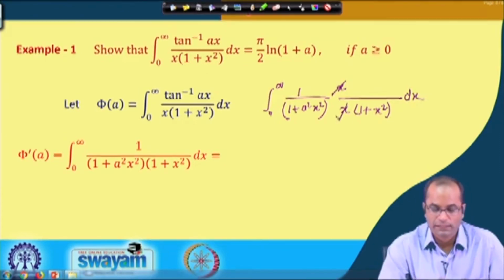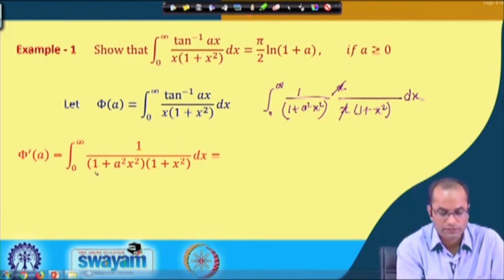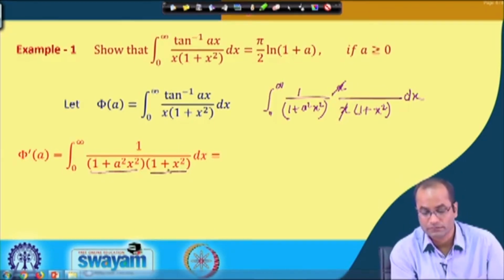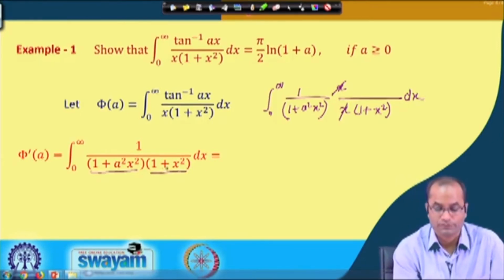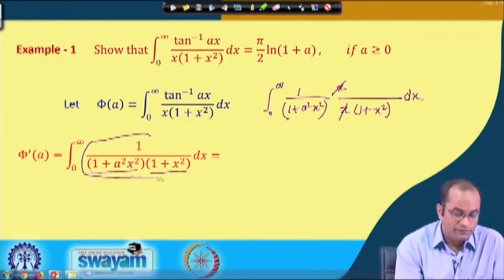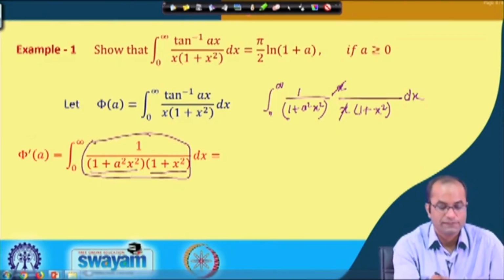So, this gets cancelled, and therefore we got only 1 plus a square x square and 1 plus x square terms. Now we can do the partial fractions here.